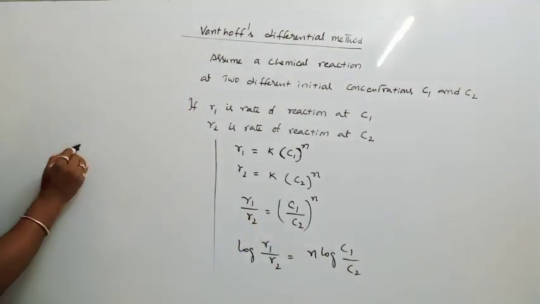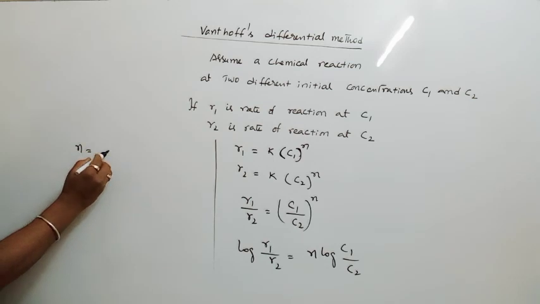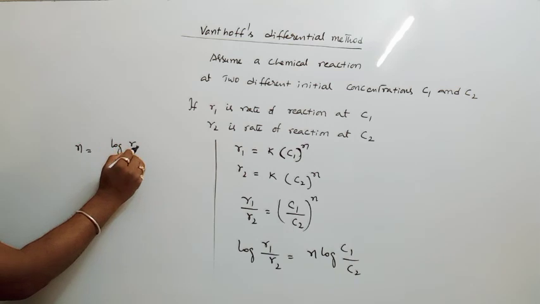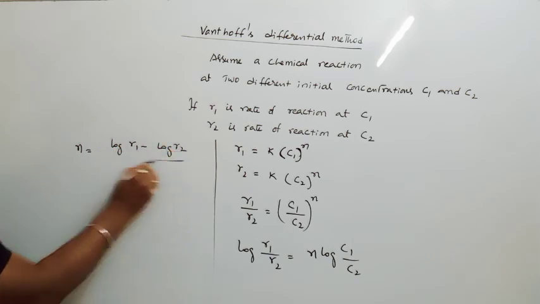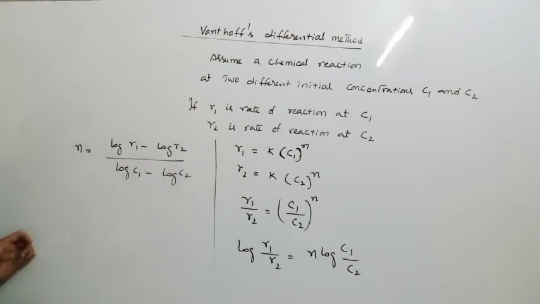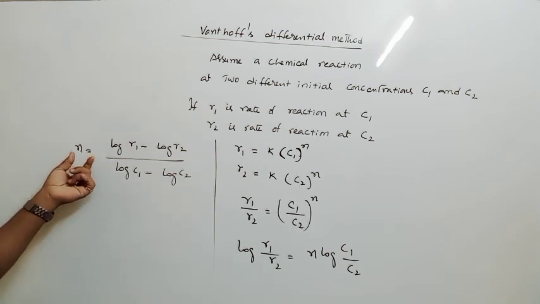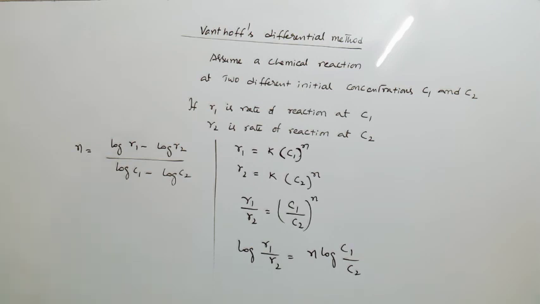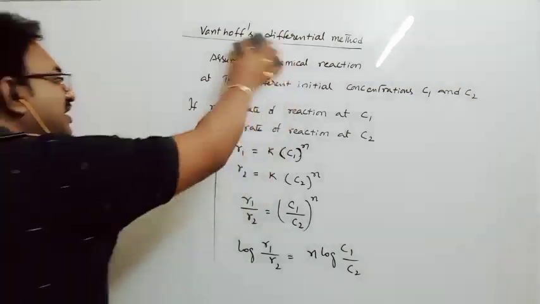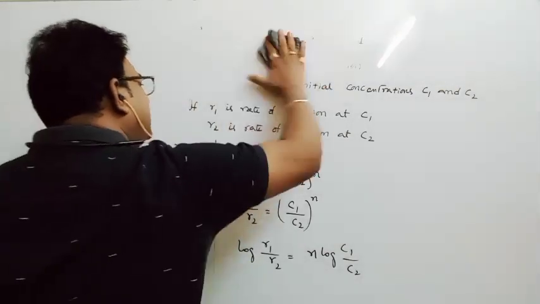Then n, the order of the reaction, is equal to log R1 minus log R2 by log C1 minus log C2. Like that you can find the order of the reaction. This is called Van't Hoff's differential method. Is that clear enough? Next, another method is the half-life method.